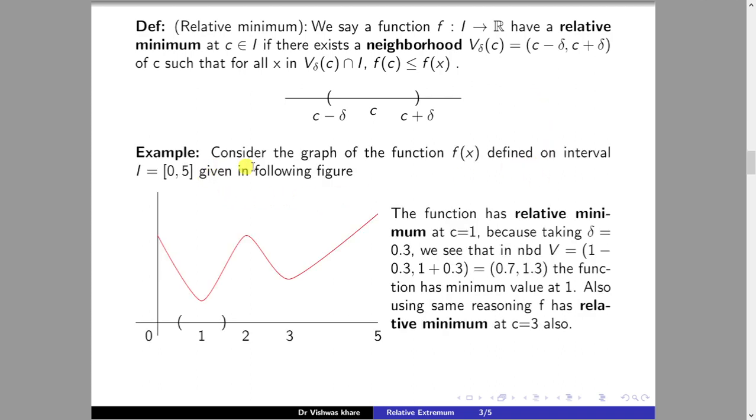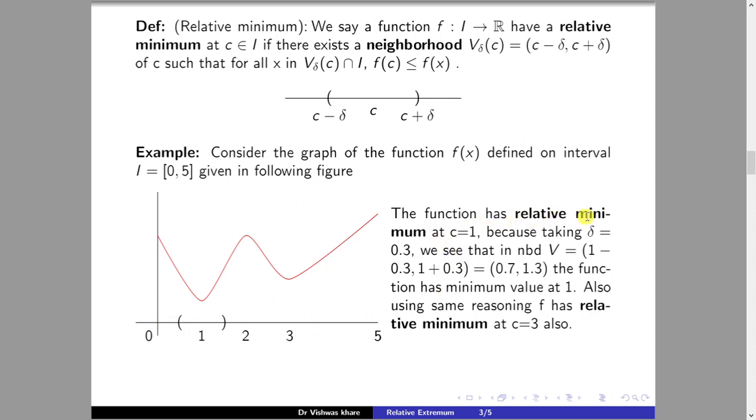Now consider the example. Consider the graph of the function f(x) defined on the interval I equal to the closed interval 0 to 5, given in the following figure. So this is the graph of the function defined on the closed interval 0 to 5.